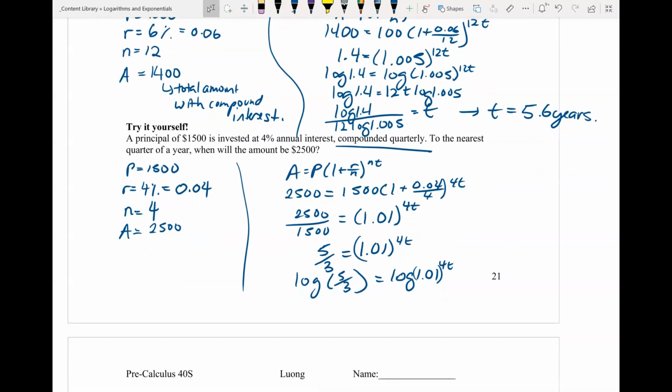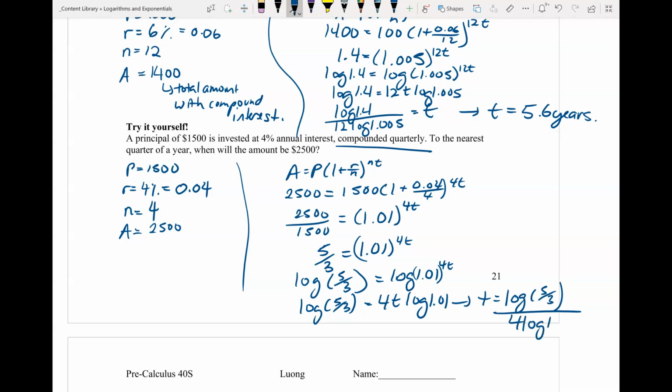Then I can bring down the 4t. And then isolate our t by dividing both sides by 4 log 1.01. And this is what we're going to plug into the calculator, and you should get 12.8 years.